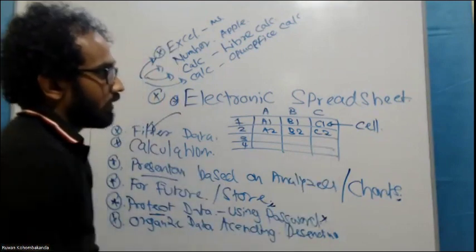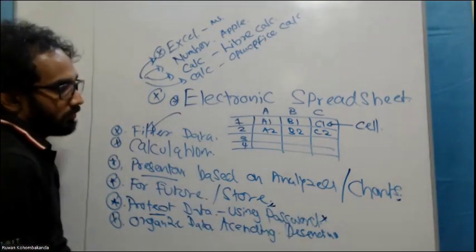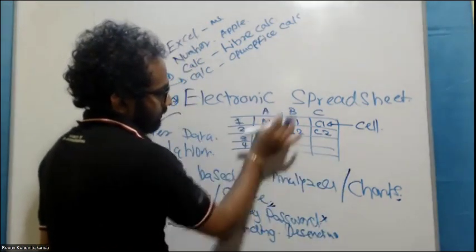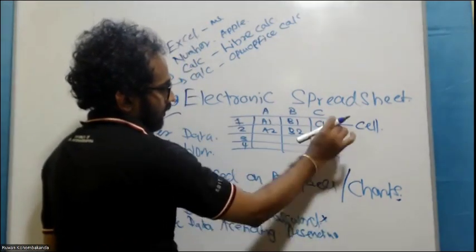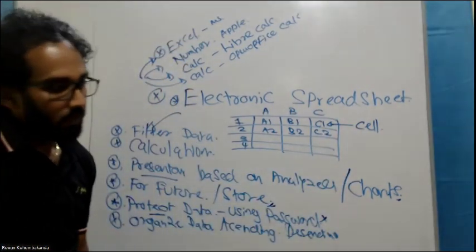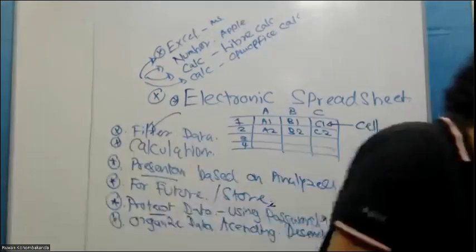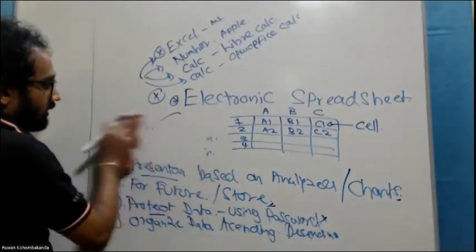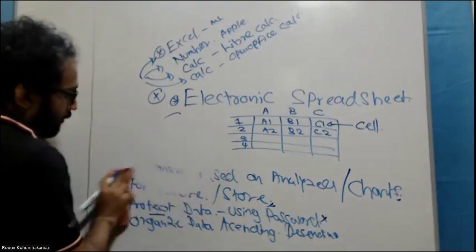Likewise, we can denote the name of a cell. We talked about what is a column, what is a row, and the cell. After that, we talk about a formula. Can you remember? Formula.